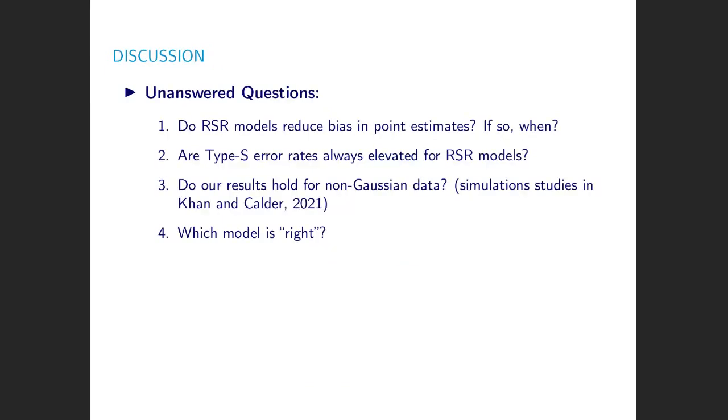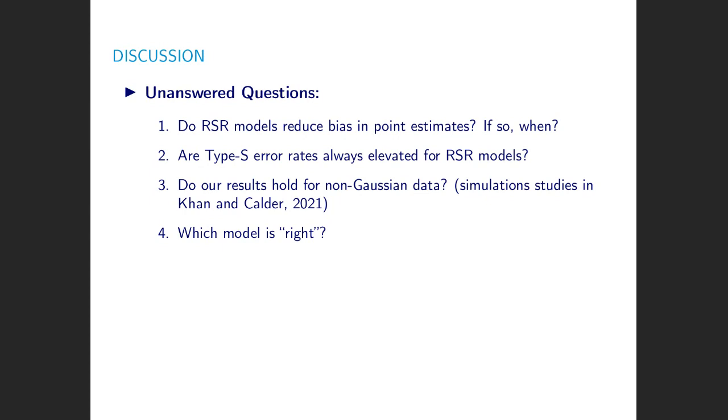So with our work, there are still some unanswered questions. Do RSR models reduce bias in point estimates? That's a trickier question to answer in general. If they do, when? Are type S error rates always elevated for RSR models? We can't say that for sure. That depends on how the data are generated.